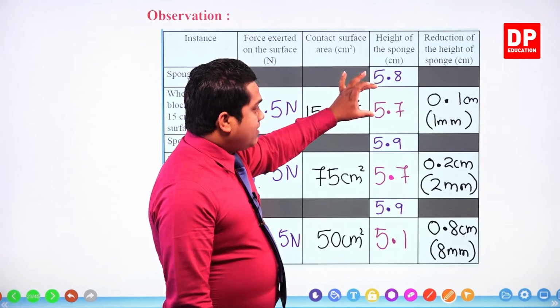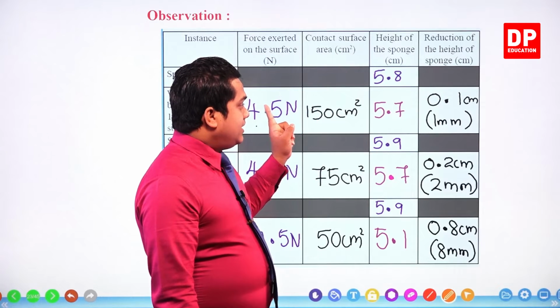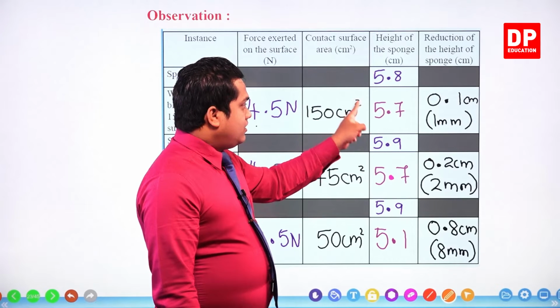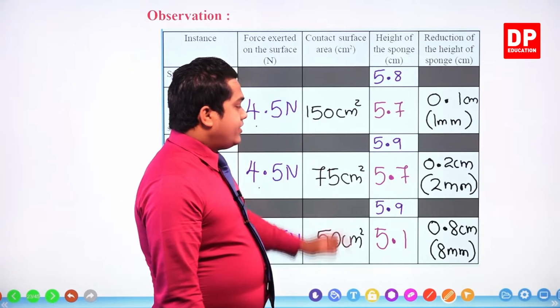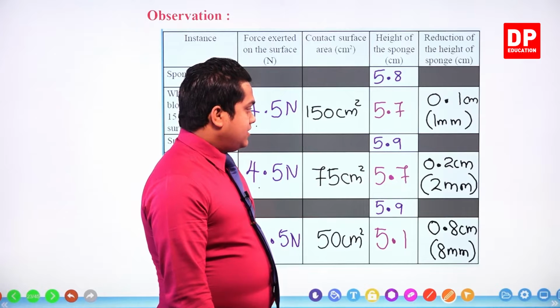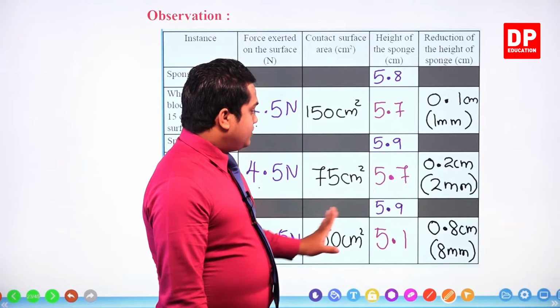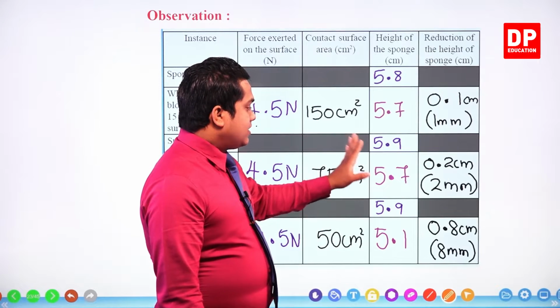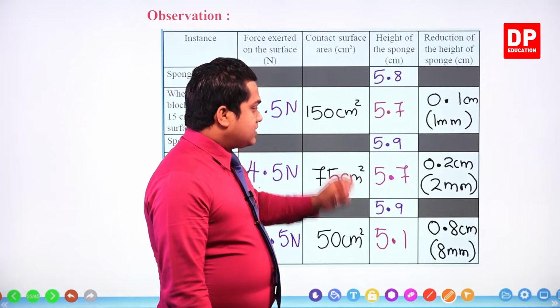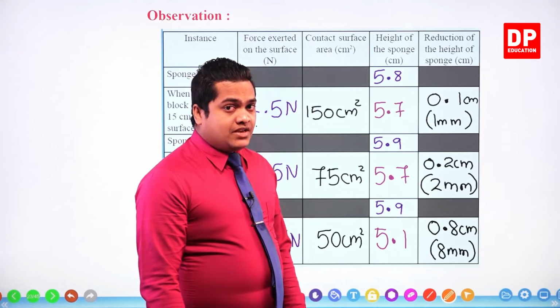Thickness reduced by 1 millimeter when I place it on the surface to contact 150 square centimeters. But when I keep it to contact 75 square centimeter area, thickness got reduced by 2 millimeters, right?